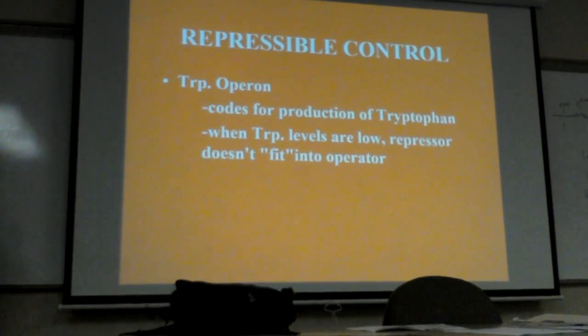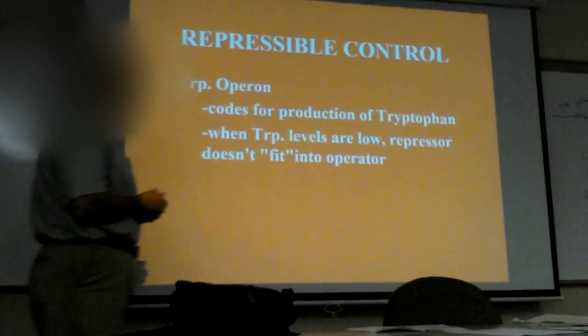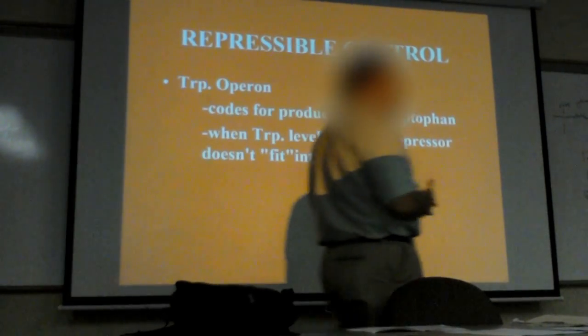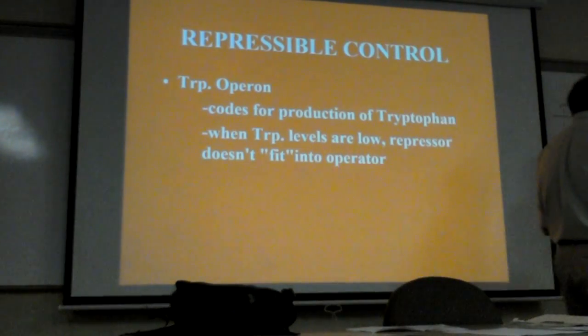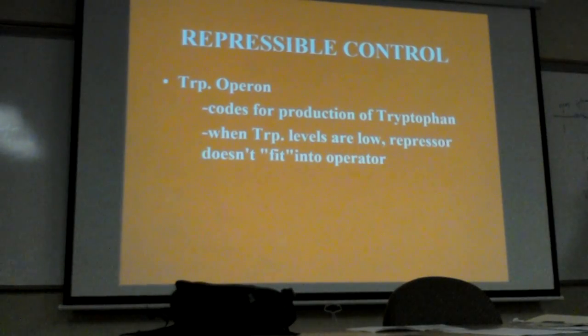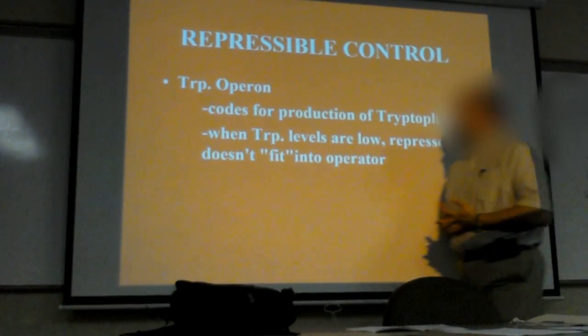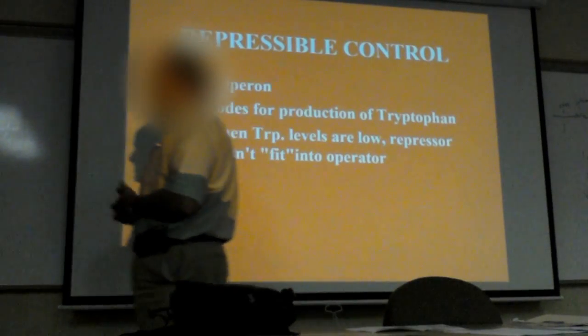So if tryptophan levels are low, in other words, there is not much tryptophan in the cell, so the cell has to make some. When tryptophan levels are low, the repressor doesn't fit into the operator.